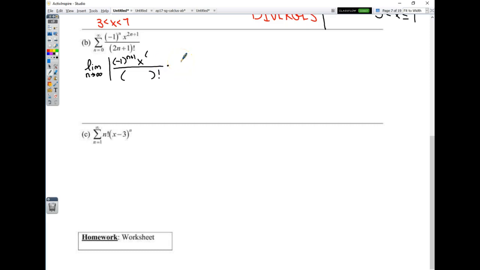Recall that this is actually going to be 2 times n plus 1 plus 1, so you would distribute the 2. And then we write way too much stuff to say that we're only setting up a problem.